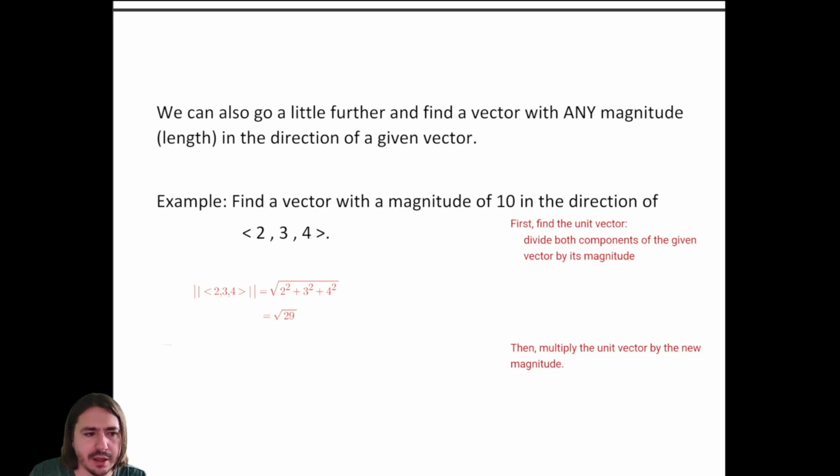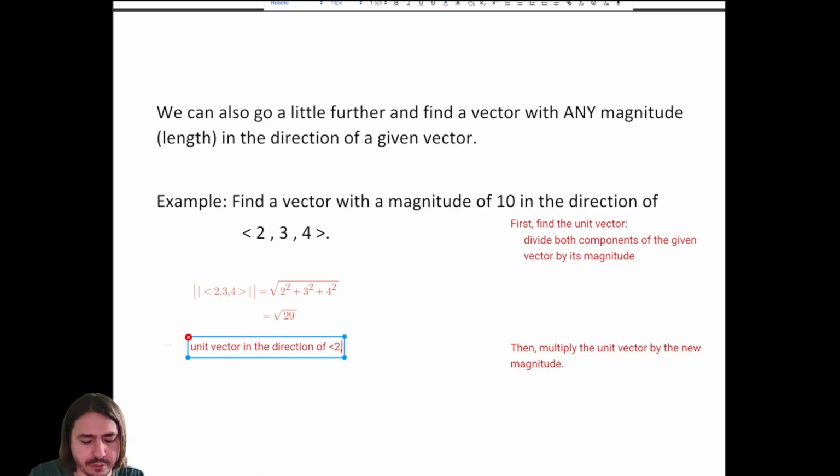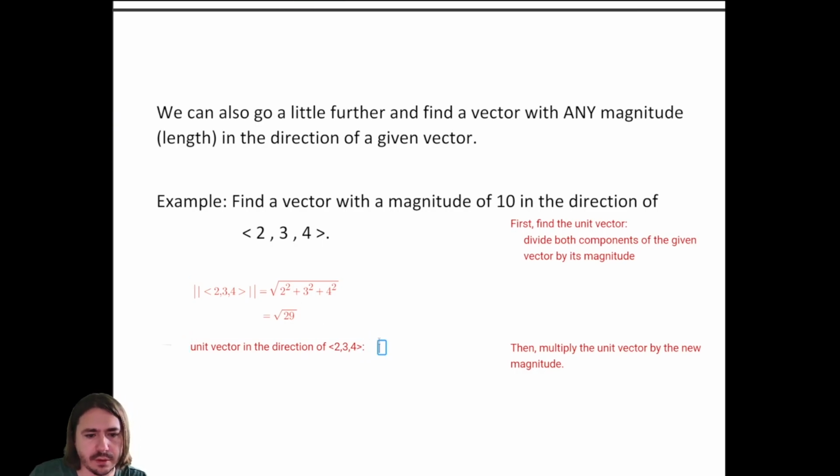So if the question we're asking is, what's a unit vector in the direction of 2, 3, 4, it would be 2 divided by root 29, 3 divided by root 29, and 4 divided by root 29.